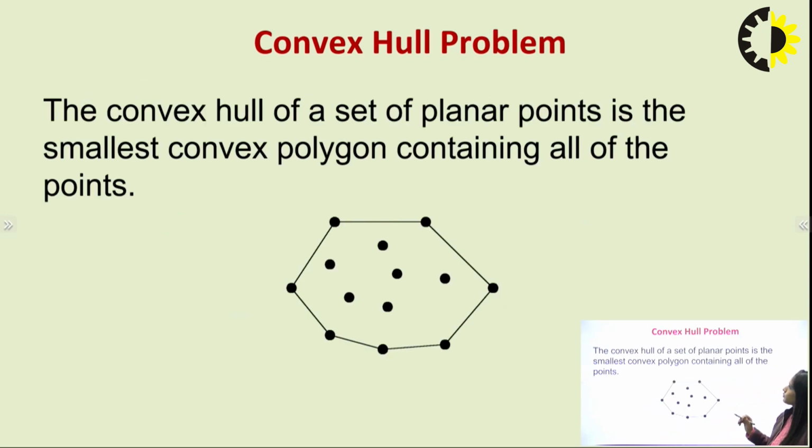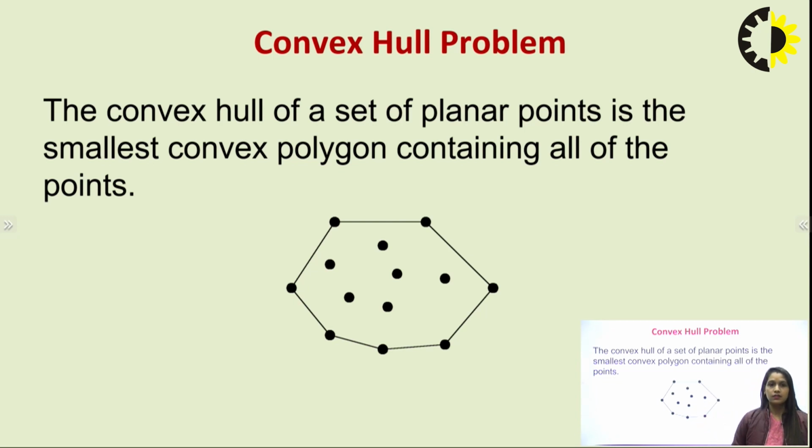Next is the convex hull problem. Basically, in the convex hull problem, we have a set of planar points. In this plane, we have lots of points. By using an algorithm, we have to find these polygon points and make a polygon.